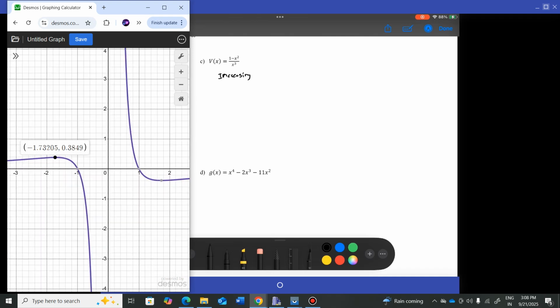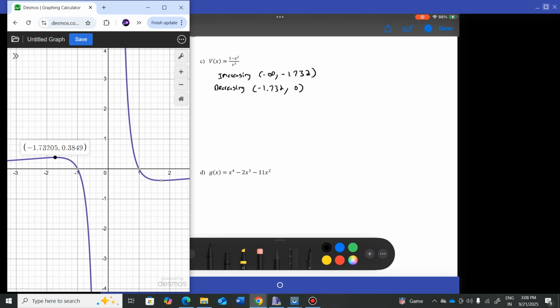So it's increasing from negative infinity to negative 1.732. And it's decreasing from negative 1.732, and it continues to decrease to the asymptote, to 0. It doesn't increase at 0, and we can't say it increases or decreases through 0 because of that vertical asymptote at 0.